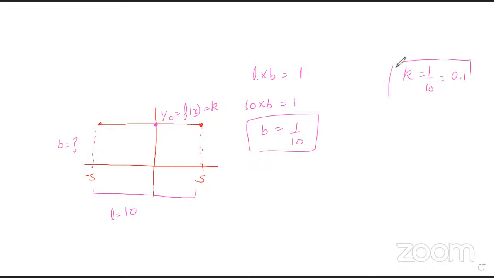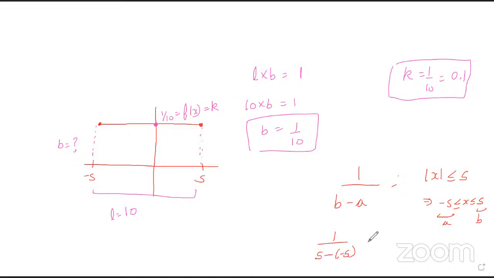This is one way. Another way, 1 by b minus a we can take, sir. So you can directly use the formula for uniform PDF. Here you notice this is your A, this is your B. So 1 over 5 minus minus 5, it is 1 over 10.